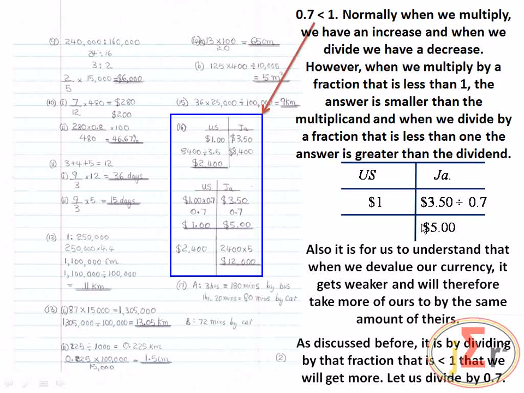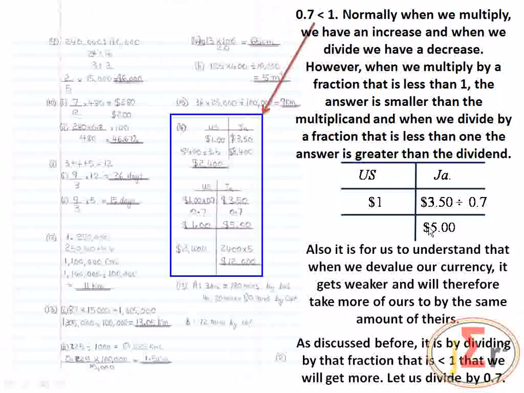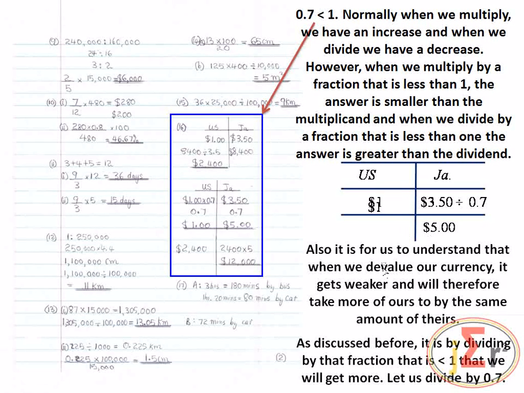So we have more of the Jamaican currency here. It takes more to purchase theirs. So whereas we had $3.50 Jamaican purchasing the US dollar, because our currency is weaker, it will take more of ours to purchase the same amount of theirs.